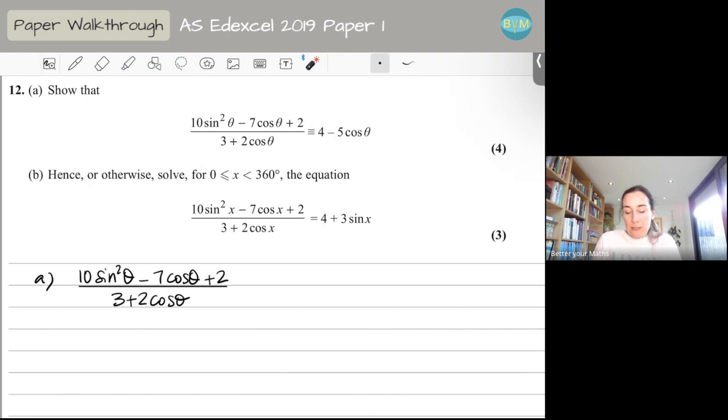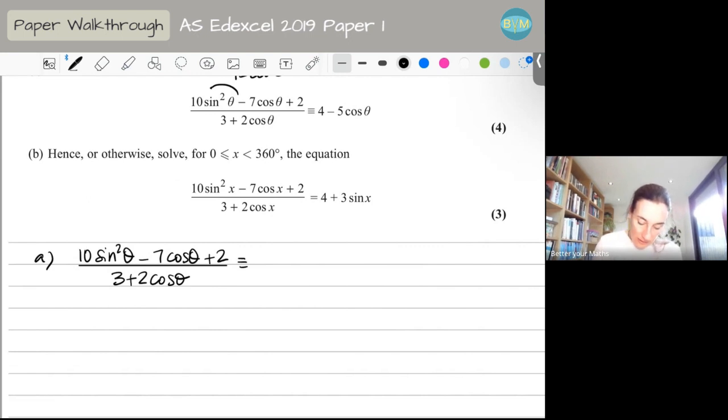It looks like I can simplify this denominator with something. And I have a sine squared and a cos. So I would say the first intention, probably of all of you, will be substituting this by 1 minus cos squared. So I have everything in cos and see what happens. So let's do that. This is going to be equal to 10 (1 minus cos squared), minus 7 cos theta plus 2.